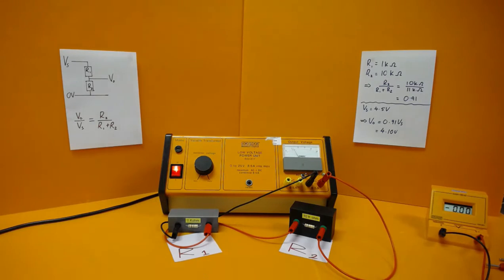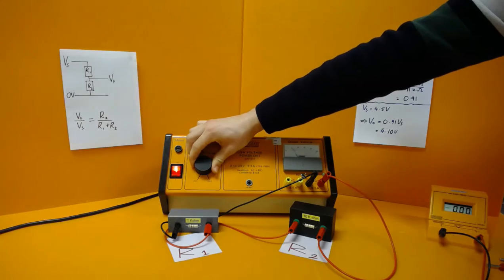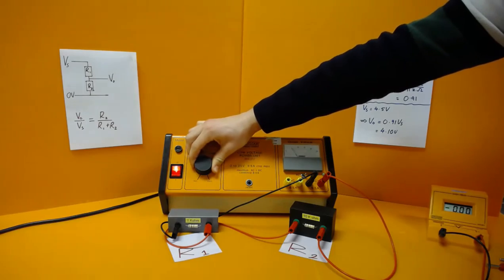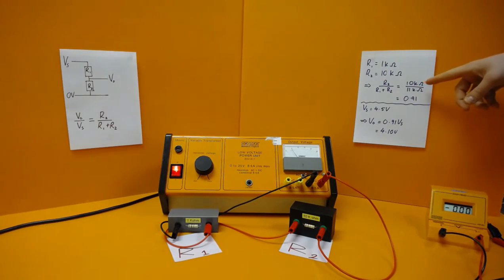So again, we have R1 is 1 kiloohm and R2 is 10 kiloohms, but we're going to turn down the supply voltage to 4.5 volts. Again, doing our calculation, we have R2 over R1 plus R2 equals 10 kiloohms over 11 kiloohms, which equals 0.91.